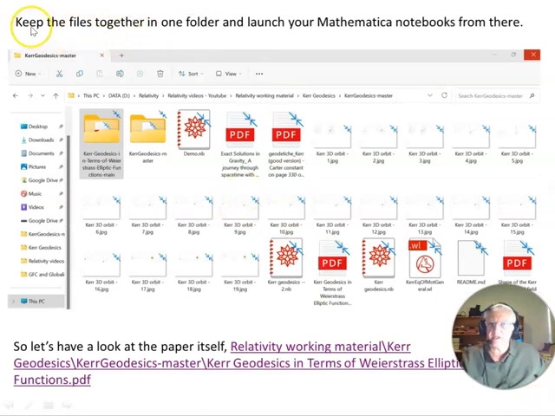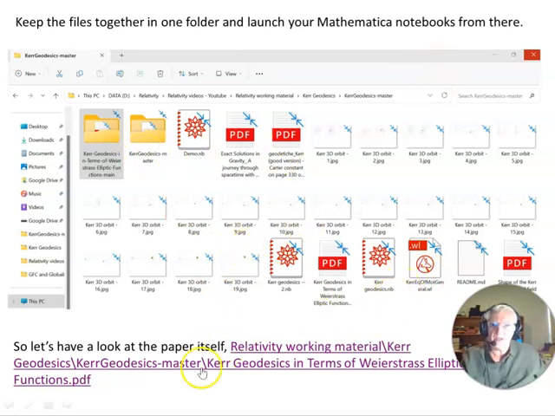Now, just another pointer, keep the files together in one folder and launch your Mathematica notebooks from there. I'll have it in this folder here. As you can see, geodesics master, and there's the demo there. And keep this file in there in order to launch it.